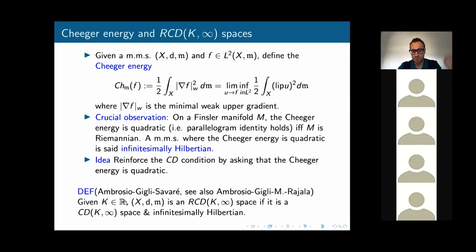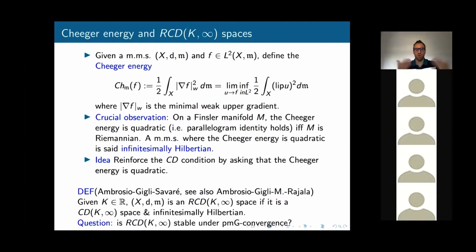And then the axiomatization was simplified in this way, so CD(K,∞) plus infinitesimal Hilbertianity, and extended to any sigma-finite measure m in subsequent work by Ambrosio-Gigli, myself, and Rajala. Okay, but the key idea of using the Cheeger energy was in the original work of Ambrosio-Gigli and Savaré.